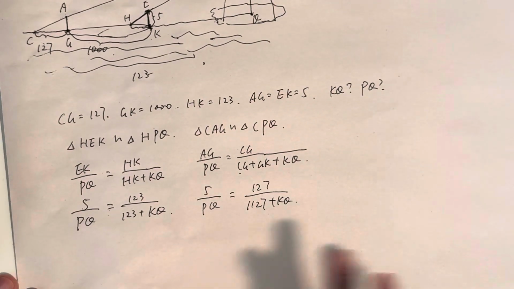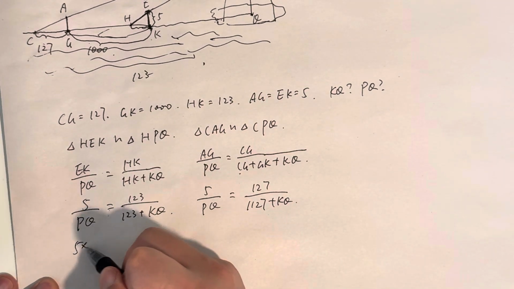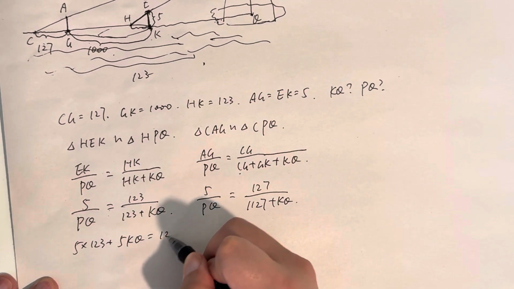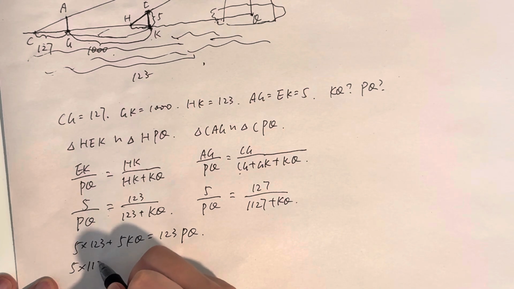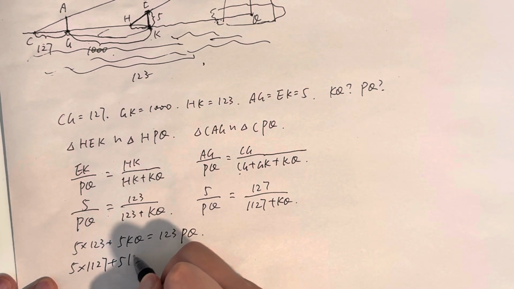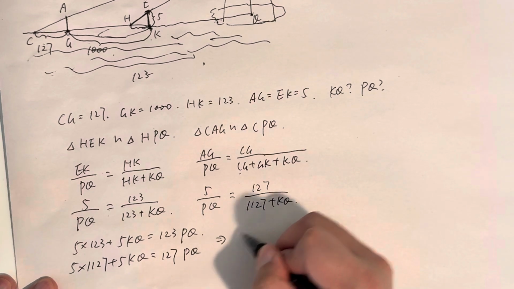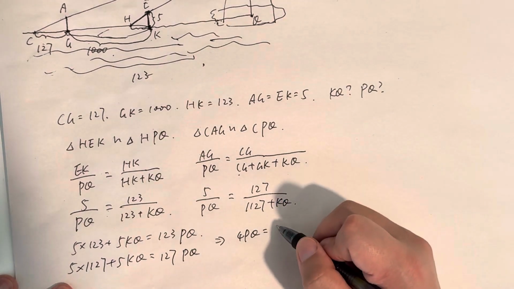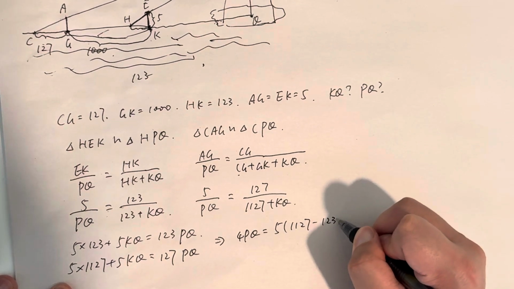Now it's very obvious, right? It's very easy to solve because 5 times 123 plus 5 KQ equals 123 PQ. And 5 times 1127 plus 5 KQ equals 127 PQ, which means 4 PQ equals 5 times 1127 minus 123.